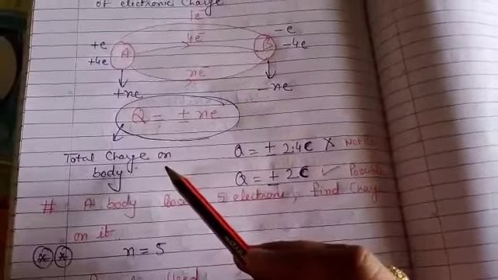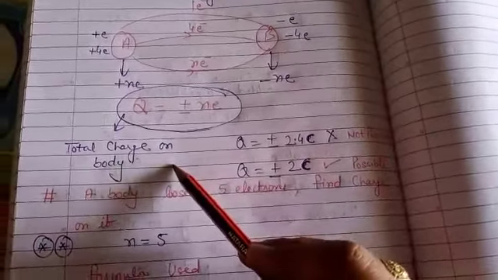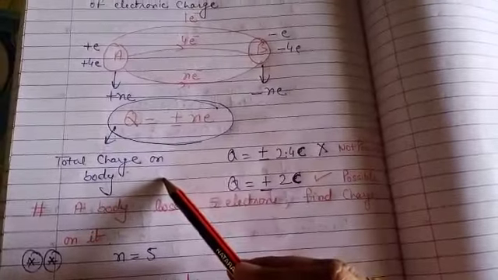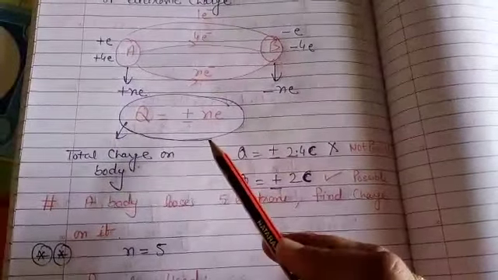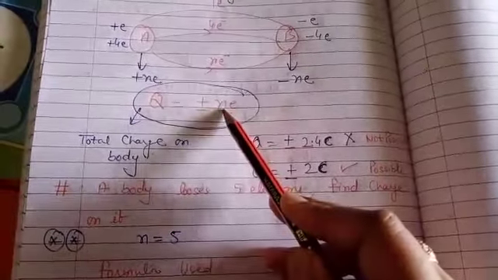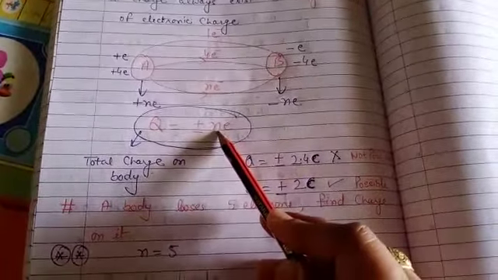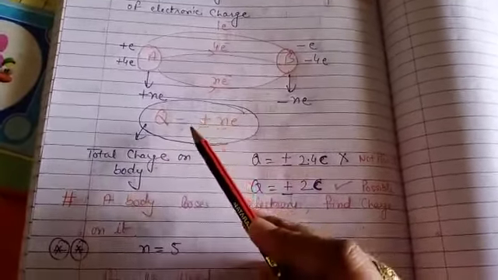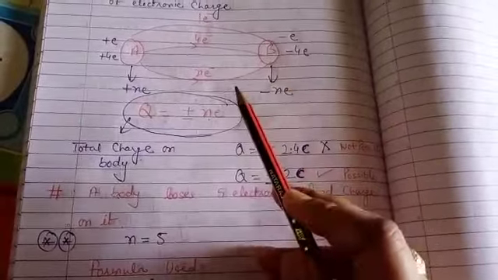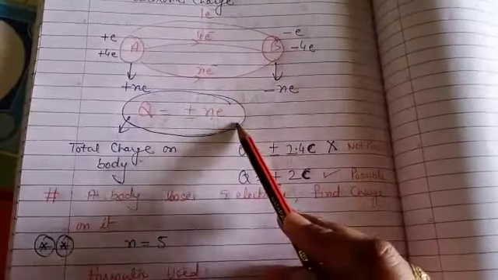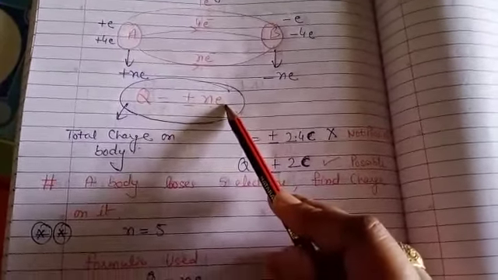So the charge on any body can be represented by the formula plus minus ne, where n is the number of electrons transferred, maybe 1, 4, 2, 3, and e is the charge on the electron.